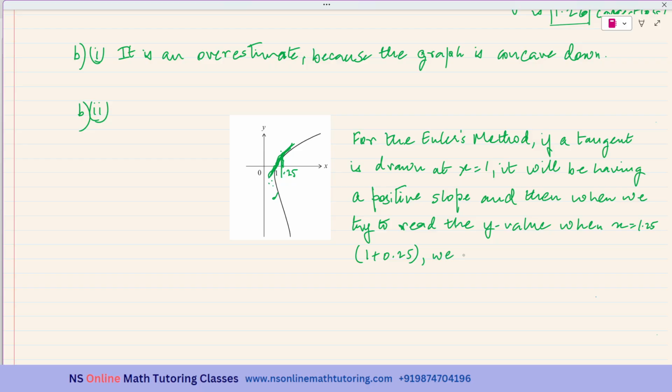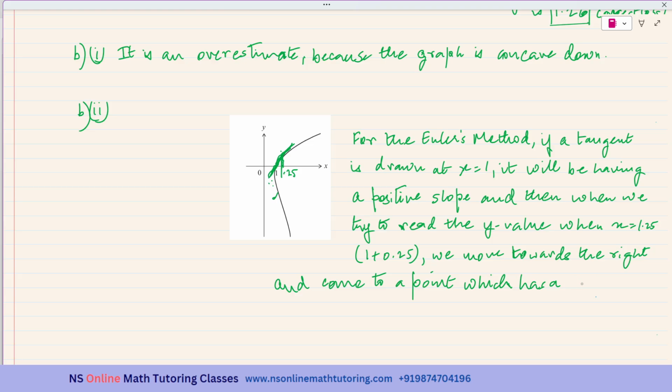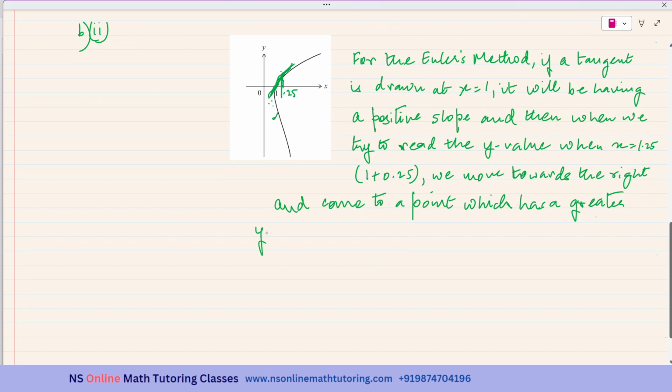we move towards the right, and come to a point which has a greater y value than the starting point on the tangent.